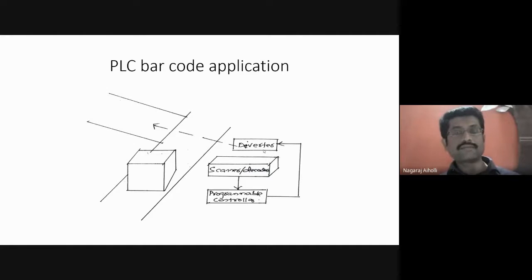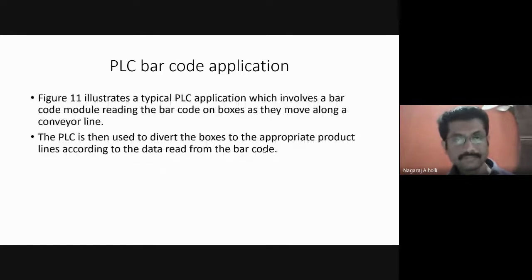If the first item has higher light energy received, then it may be separated out. If the light energy received is from the second item, it continues on the same conveyor belt, something like that. The PLC is then used to divert the boxes to the appropriate product lines according to the data read from the barcode.